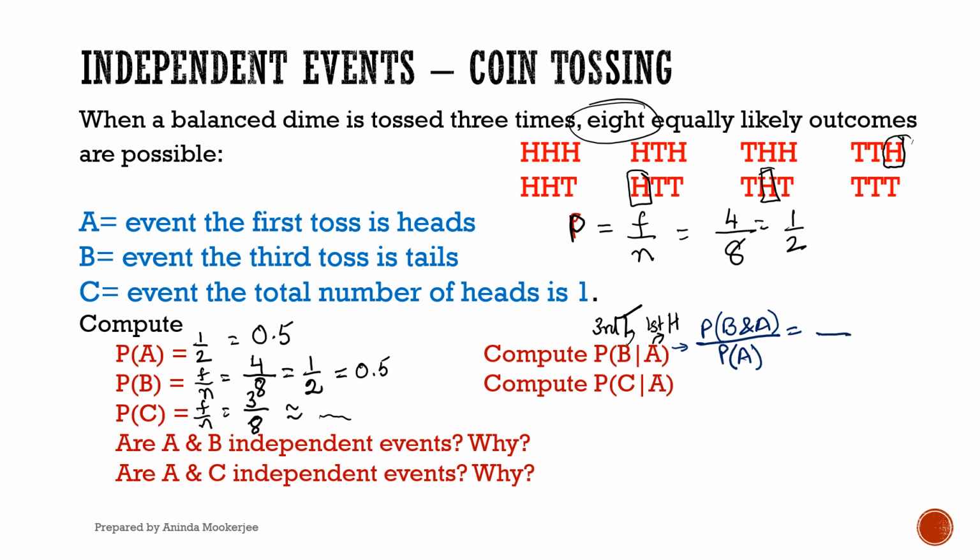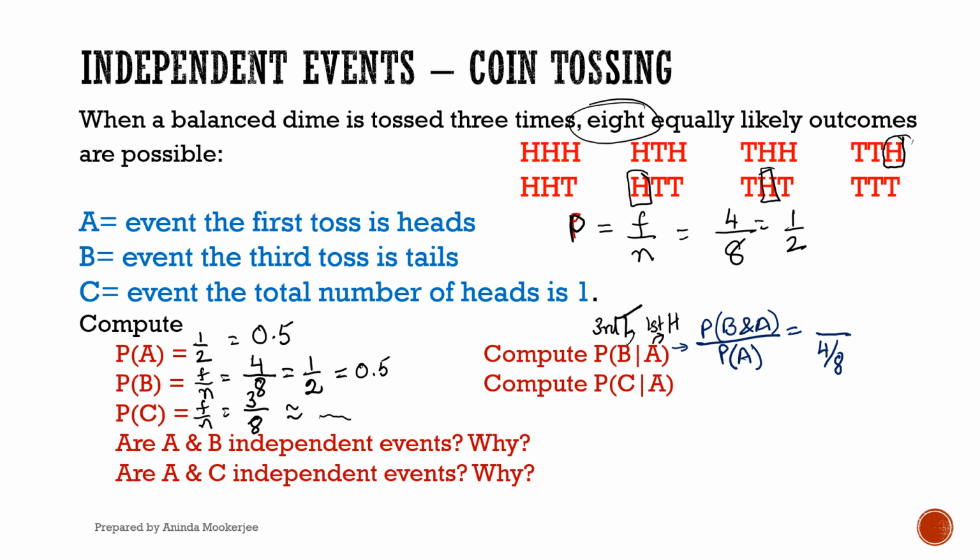That's easier to find, right? We calculated it here. There are 4 ways we can get heads in the first toss out of 8, correct? So I'm going to write here 4 divided by 8 for probability of A.